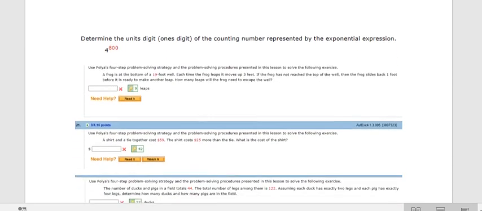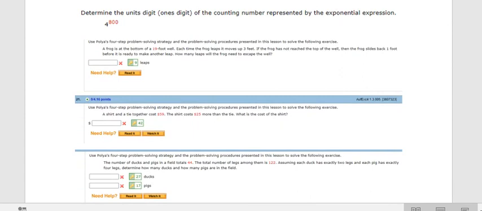Determine the units digit. So here we have 4 to the 800. So one way you can do this is we need to figure out if there's a pattern.